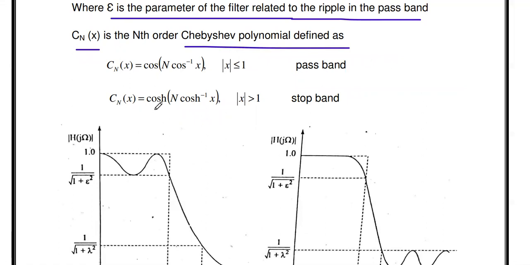Cn of x is equal to cosh of n into cosh inverse x when modulus of x is greater than 1. This is for stop band. Okay, this is the Chebyshev polynomial expansion.